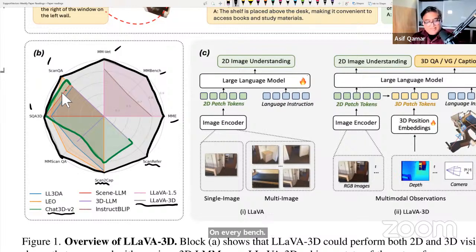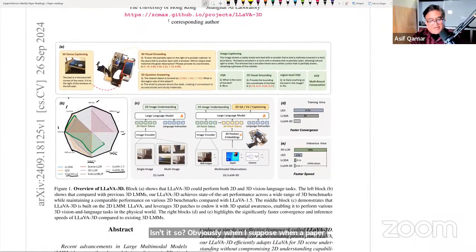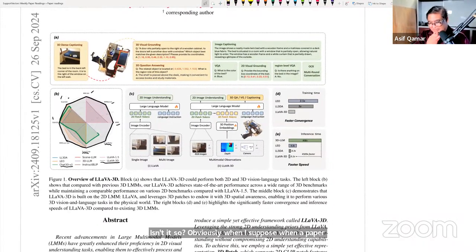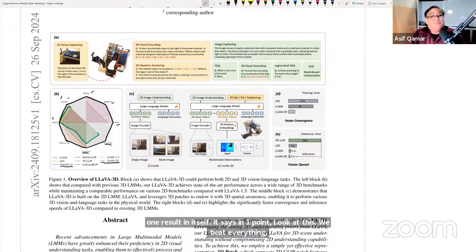When a paper starts out with results, which is becoming increasingly common these days, figure one often brings out the compelling value of an approach. They seem to have made their point with one result itself. It says, look at this, we beat everything. Now the whole question is, how did they do that? What is the approach?